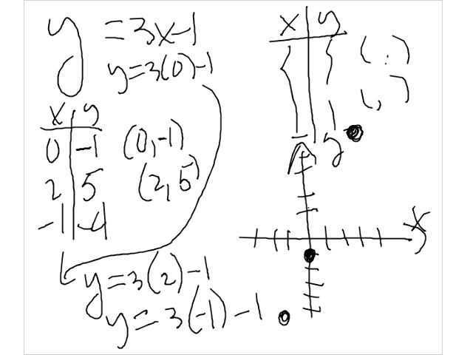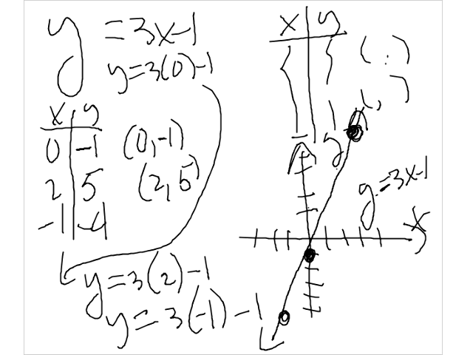Now, even though I'm not using graphing software here, those points lie nicely on a line. And remember, I put the arrowheads on and I write y is equal to 3x minus 1, and so we're done. But I want to make one more point here.